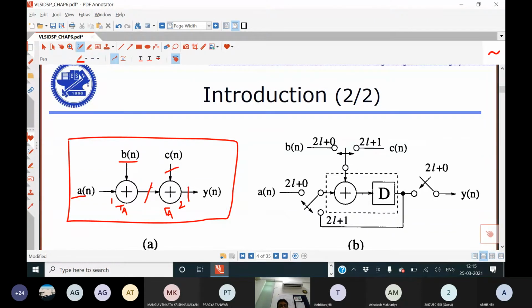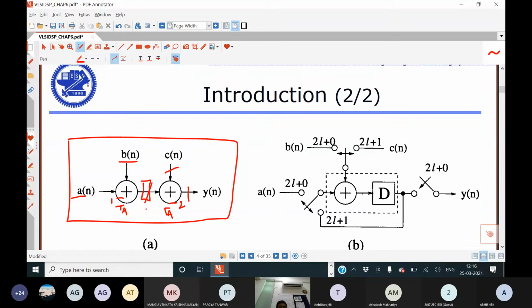If you want to optimize in terms of speed, then maybe you can think about putting a buffer over here so that you can execute in only a time duration of TA. But the important thing is we are talking about area optimization over here. So here we have two adders, which means two functional units for the addition functionality, and that we want to reduce.